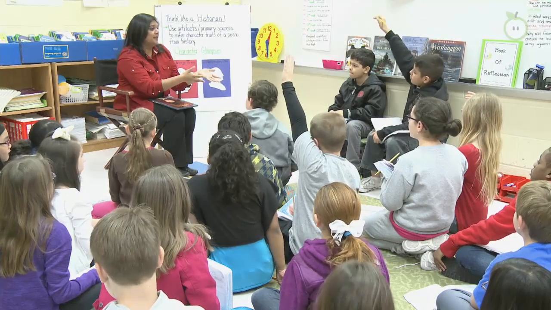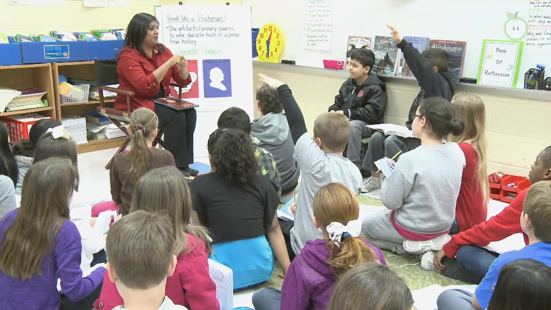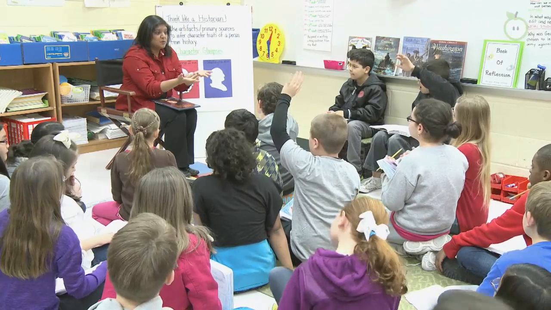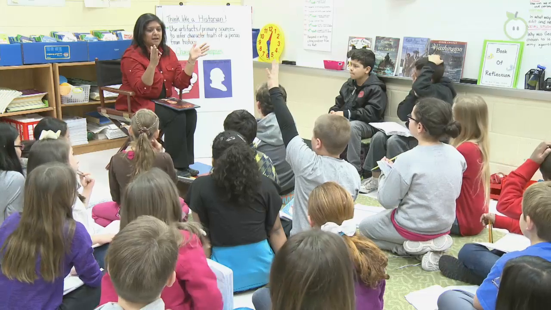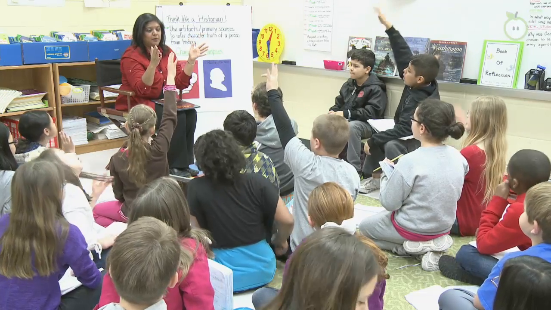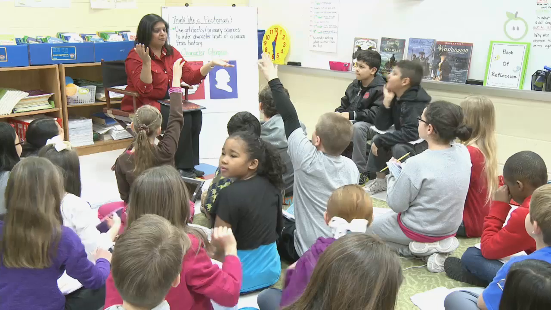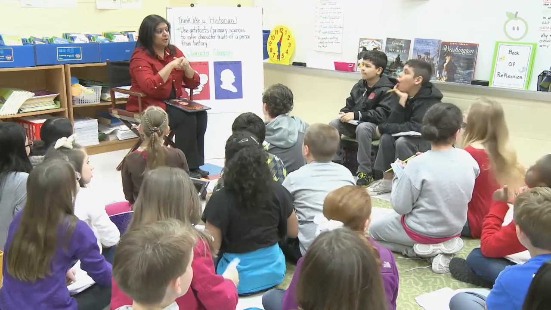If somebody painted it then. If we took a picture with our camera of it, it wouldn't be a primary source anymore because it's not the actual thing, although you're still looking at the actual thing. But what do we call a painting of a person? A lithograph? No. Think about it. A portrait? A portrait. We're going to look at a portrait.